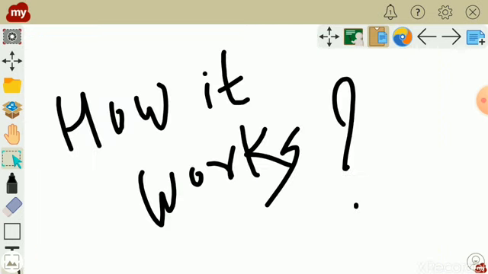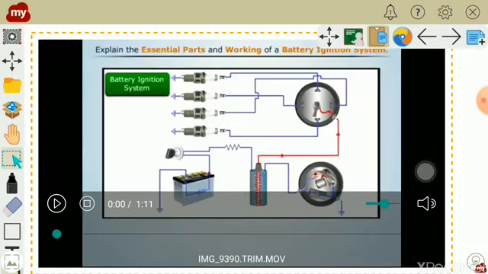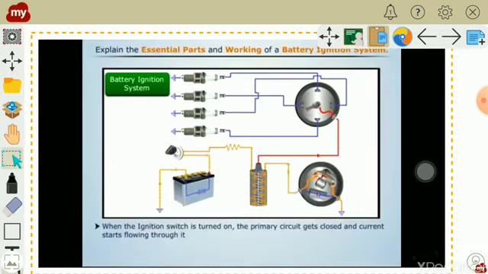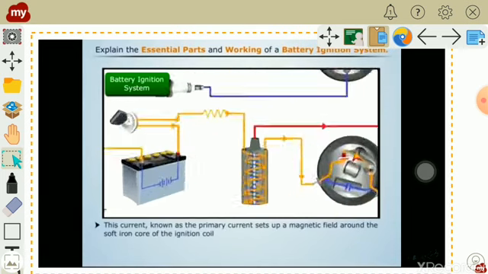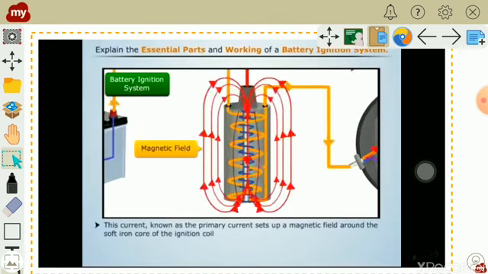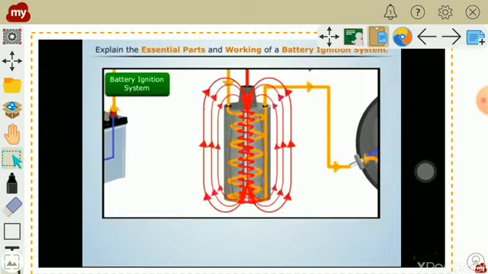Okay, now let's try to understand the working of the battery ignition system, how it works. Let's see. When the ignition switch is on, current flows from the battery and the primary circuit closes. While passing through the primary winding of the ignition coil, the current sets up a magnetic field around the soft iron core.